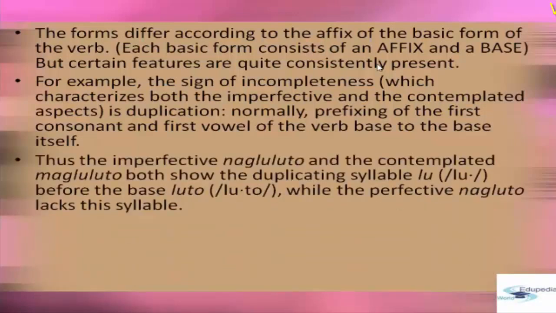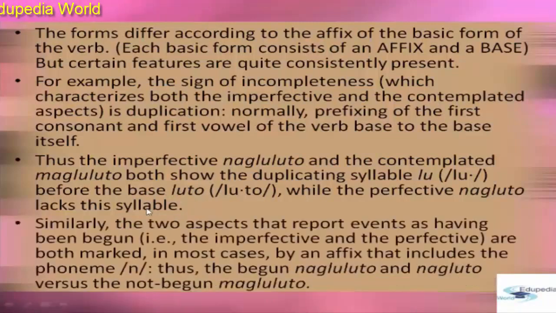Thus, the imperfective nagluluto and the contemplated magluluto both show the duplicating syllable lu before the base luto, while the perfective nagluto lacks this syllable.